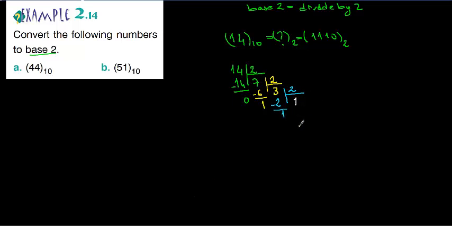Now when you're writing 14, as you see the remainders, 1 1 1 0, these are the group of numbers here. I'm going to start from the back. 14 in base 10 is equal to 1 with the white 1, then the blue 1, then the yellow 1, then the green 0, so it is 1 1 1 0 in base 2.